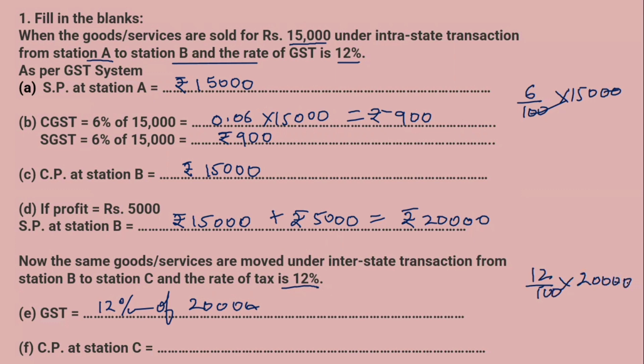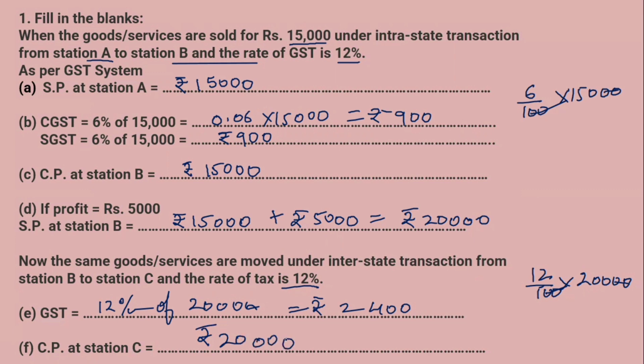These two zeros get cancelled, 12 twos are 24, and these two zeros, so it is rupees 2,400. Rupees 2,400 is the GST. Now the cost price at station C is again rupees 20,000. Got it?